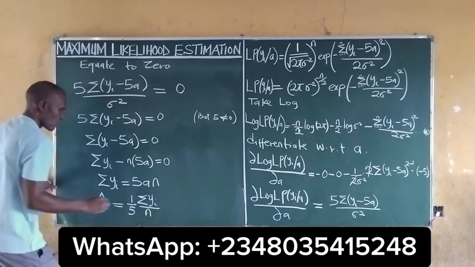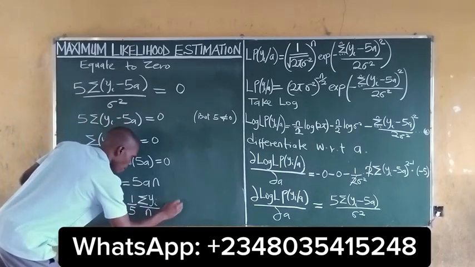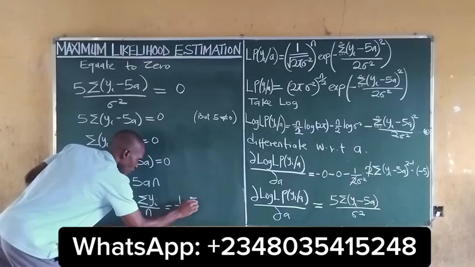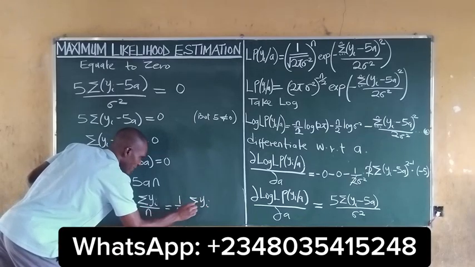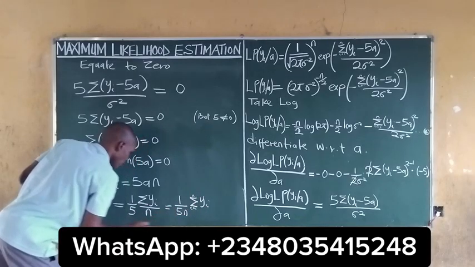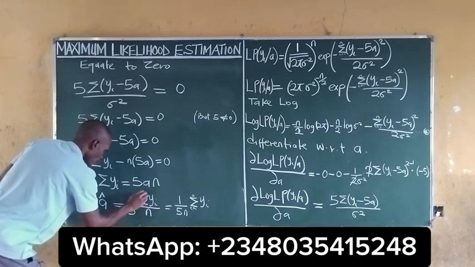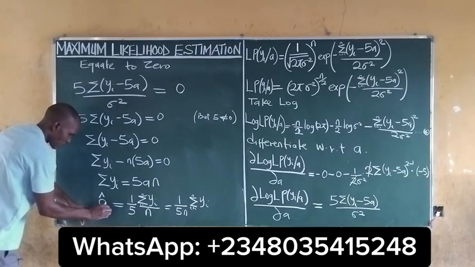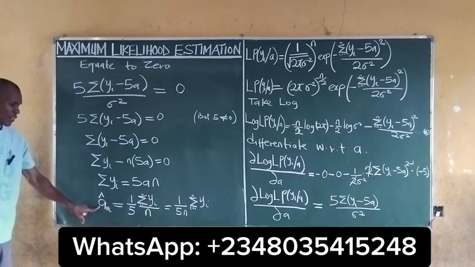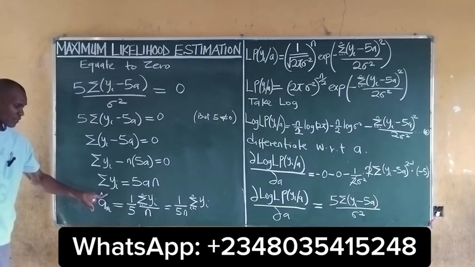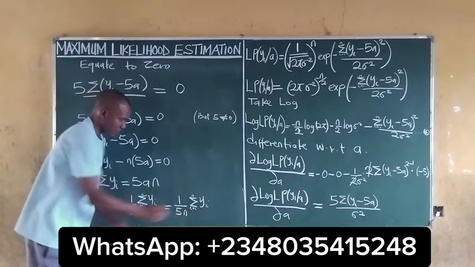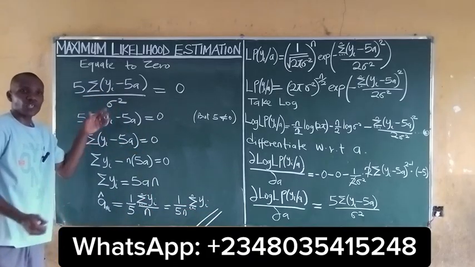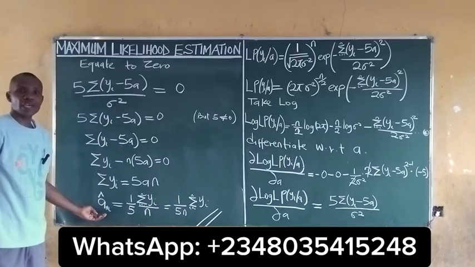This is what you get. You can still write it as 1 all over 5n summation of yi as I run from 1 to n. So the estimate of a, we are asked to find the maximum likelihood of a. The maximum likelihood of a estimate is equal to this. So this is how we can obtain, for this question, the estimate of a.